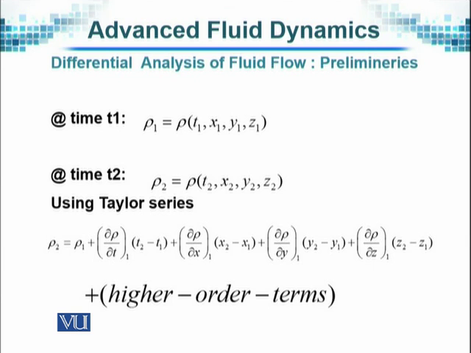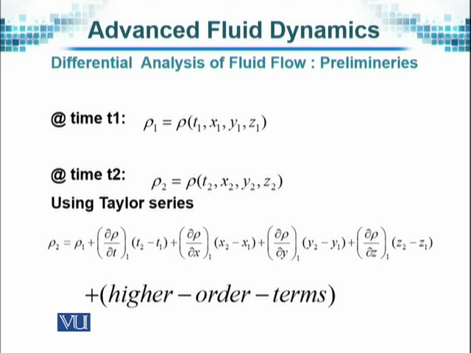As we know from elementary calculus, we can write a function in a series form if there is a change with respect to some variable, and in this case we assume that there is a change with respect to time. So we write rho 2 in the form of rho 1.